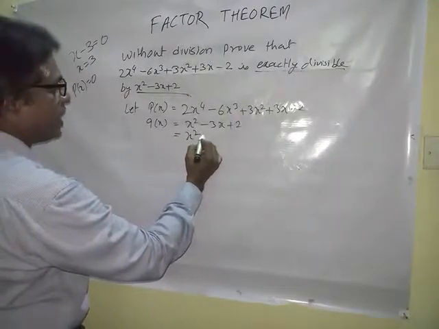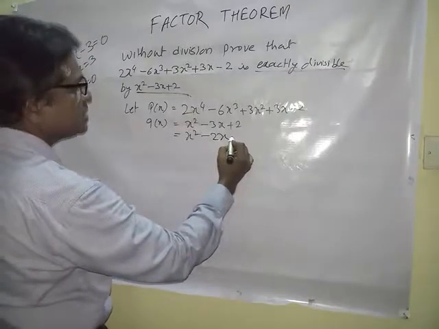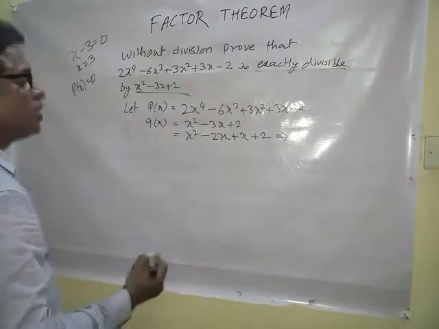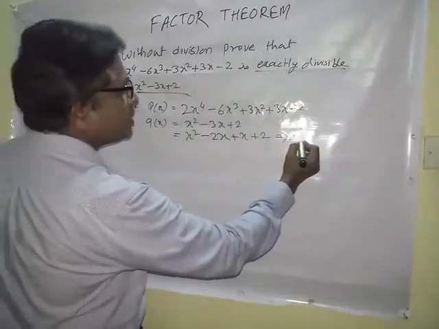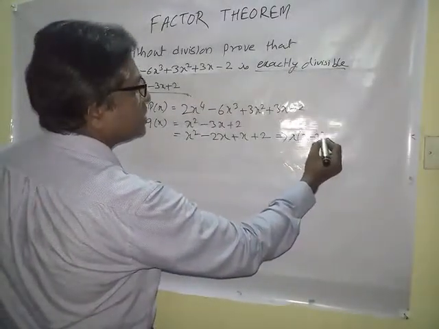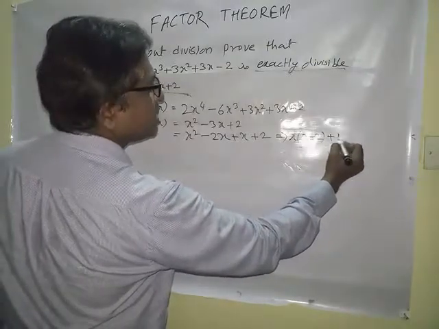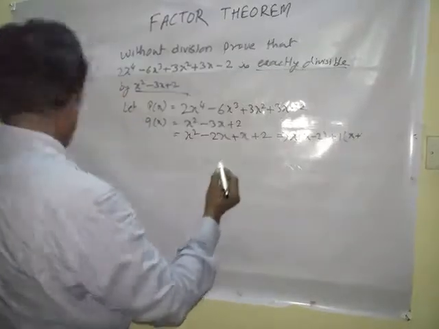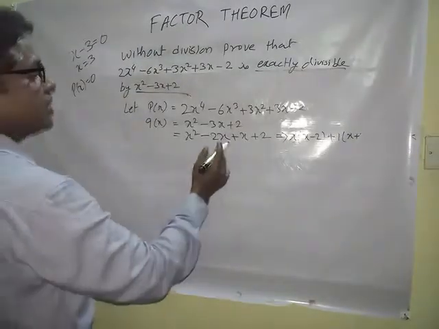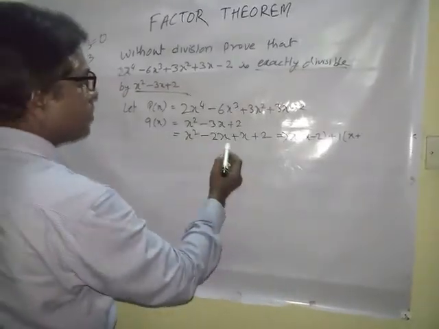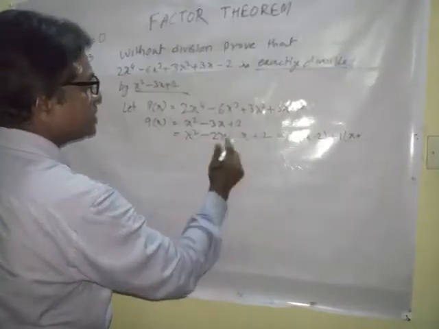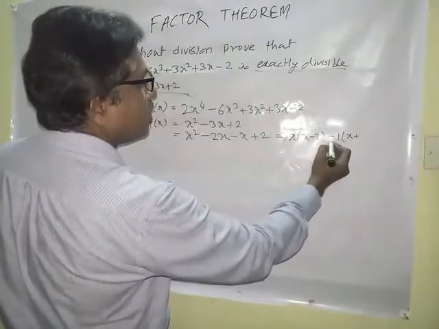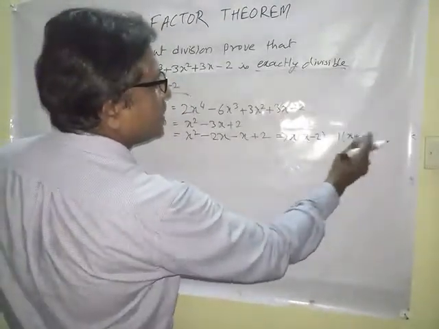You can write x square minus 2x minus x plus 2, take x common from the first two, x minus 2, and take minus 1 common from the rest, minus 1 times x minus 2.